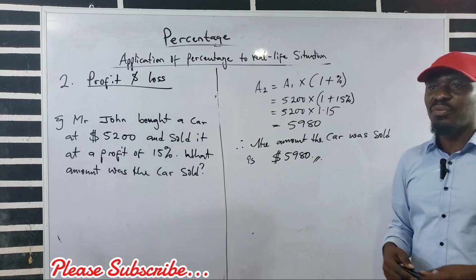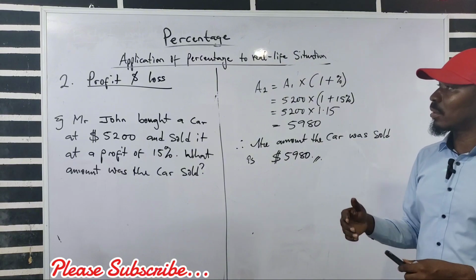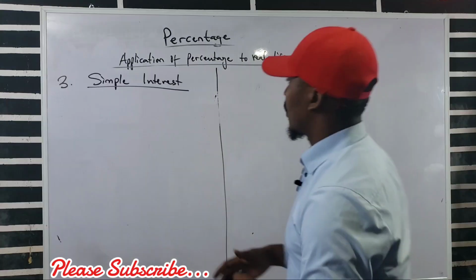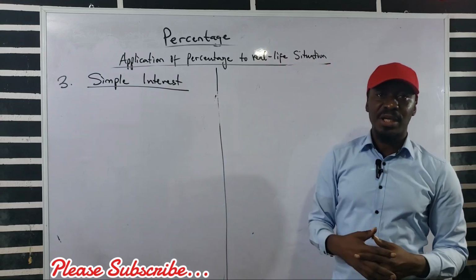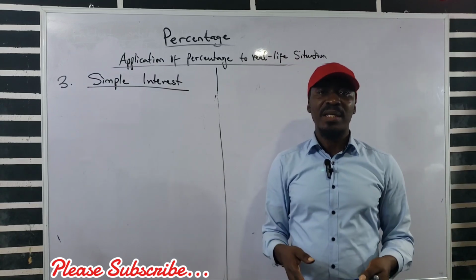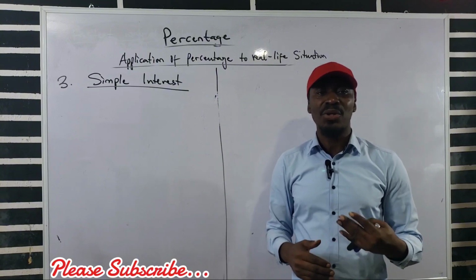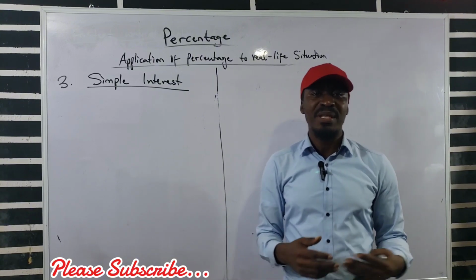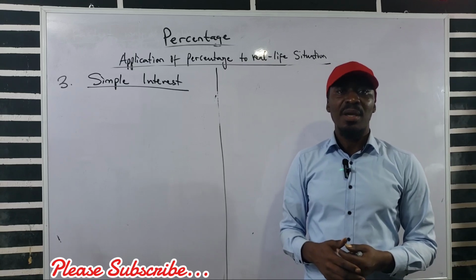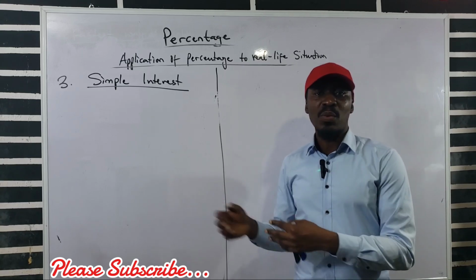Okay, so let us move to the third application of percentage in real life situations. The next application of percentage is simple interest. For simple interest, we have a formula that we use, but that does not mean that you cannot solve any problem in simple interest without using the formula. You can actually do that, but let's stick with the formula.